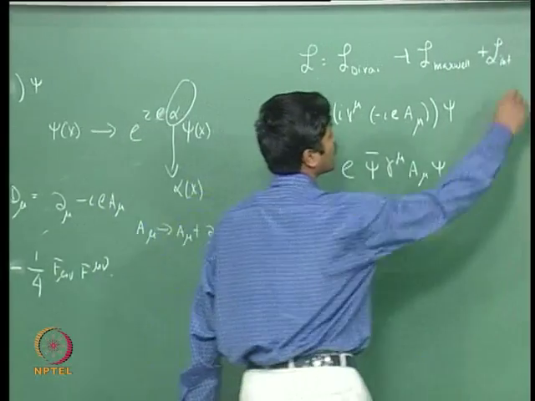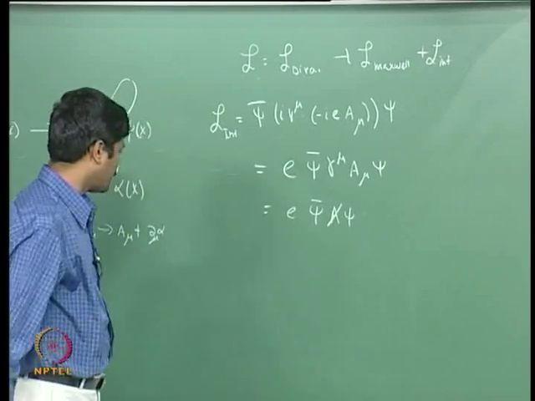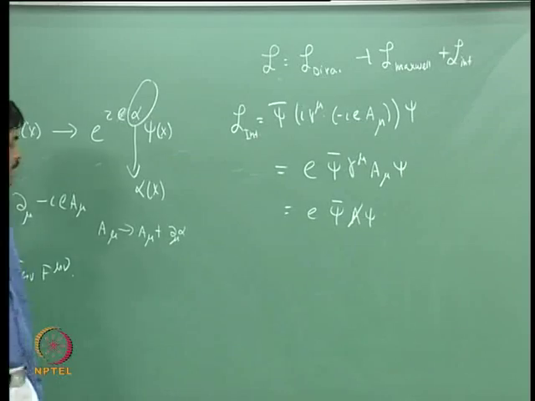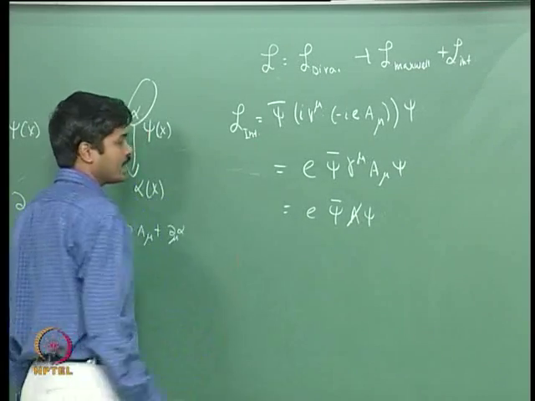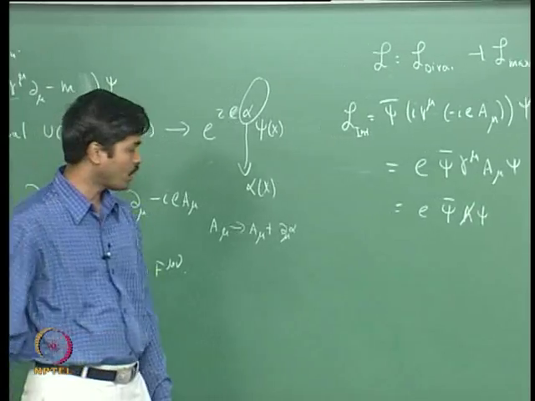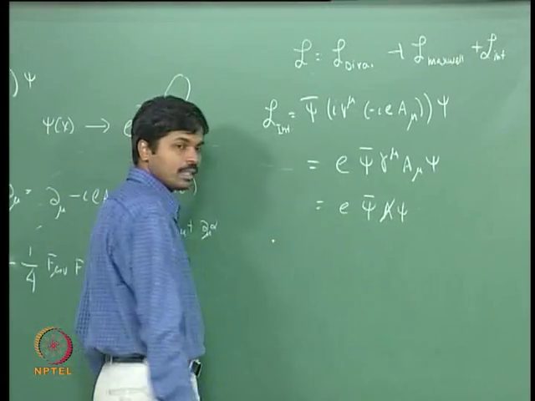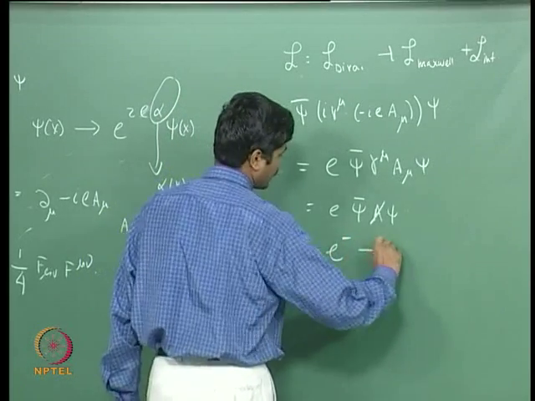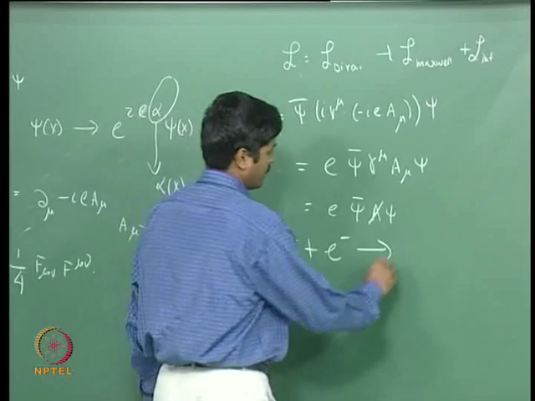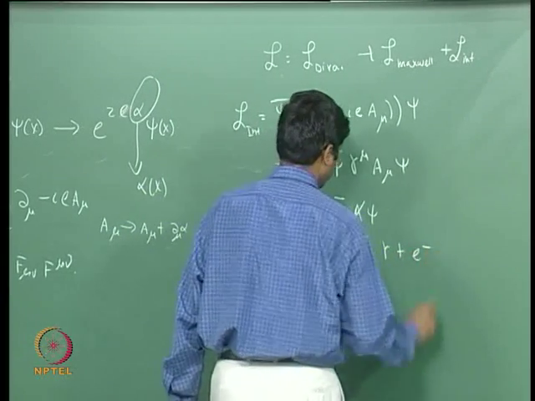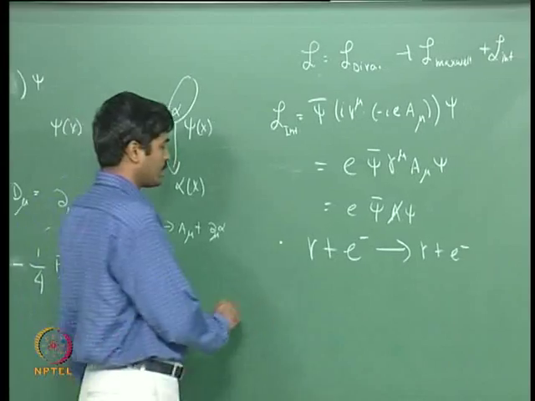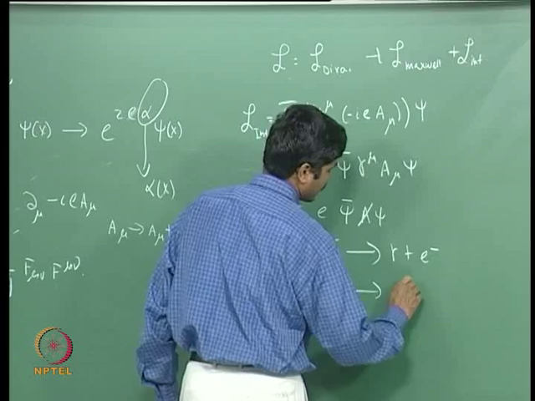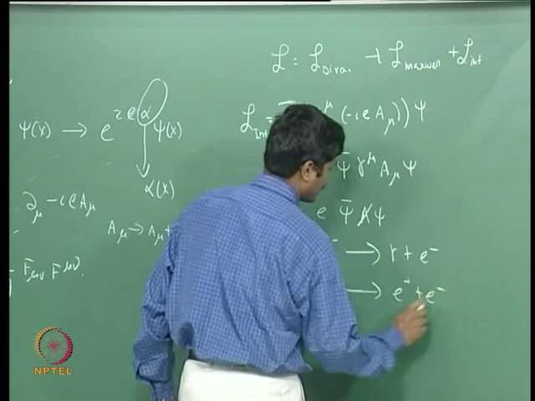This is one of the most important Lagrangian densities that you will come across in physics. It describes a wide range of physical processes. Some of the simplest ones are Compton scattering, where your photon interacts with an electron, γ + e⁻, or it can also describe electron scattering, electron going to electron.